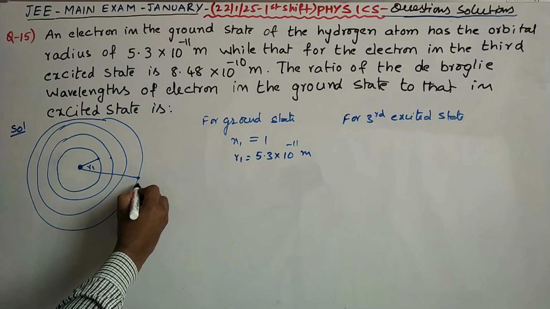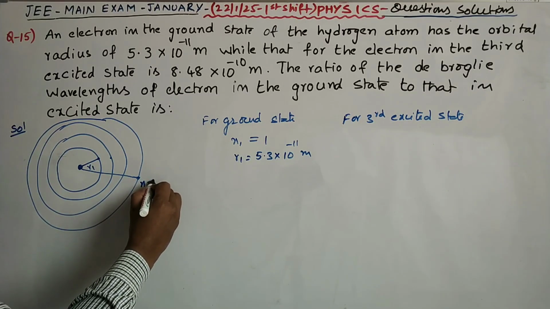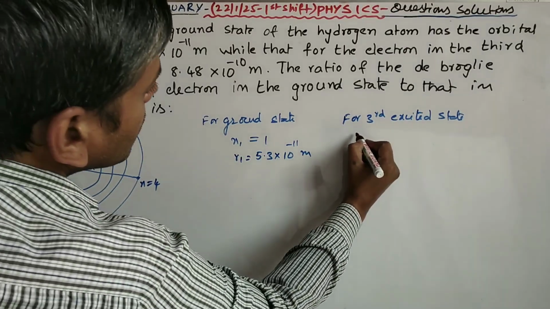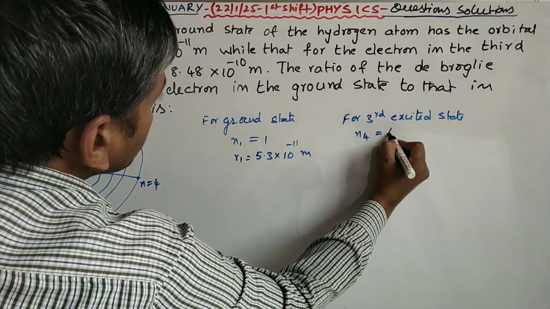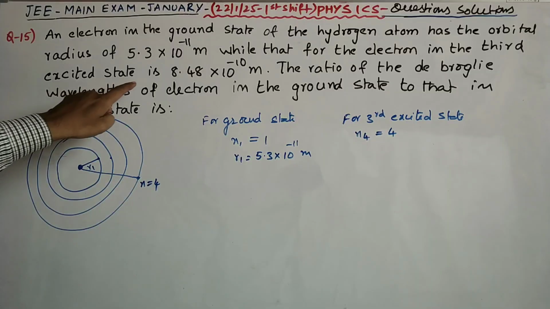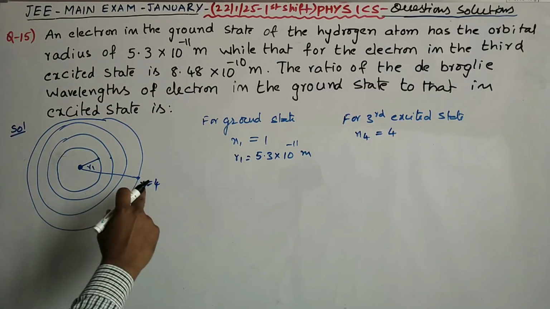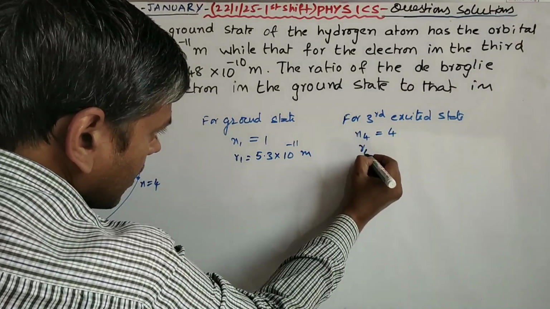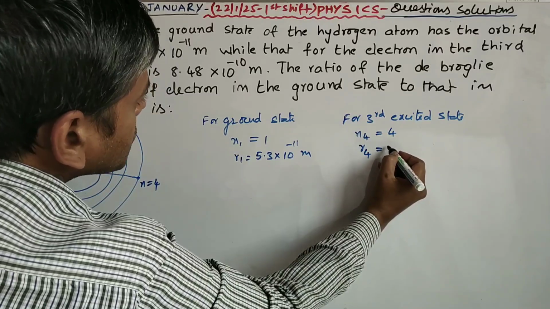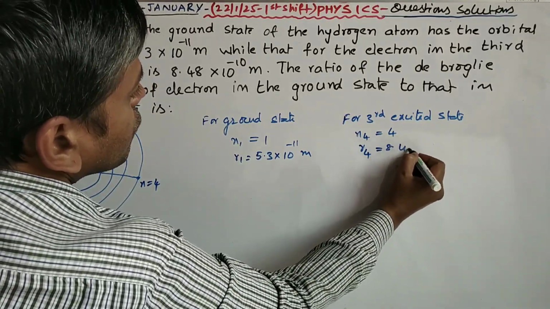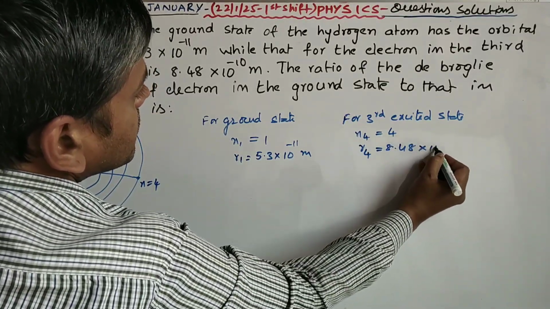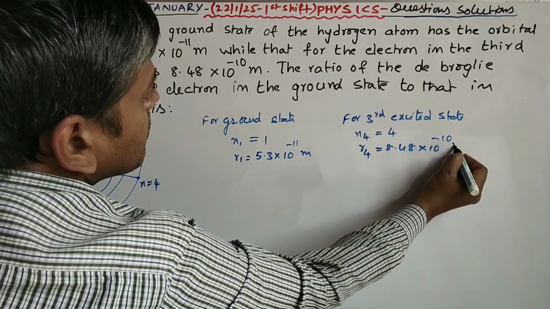So for the third excited state, n4 is equal to 4, and its radius r4 is 8.48 × 10^-10 meter.